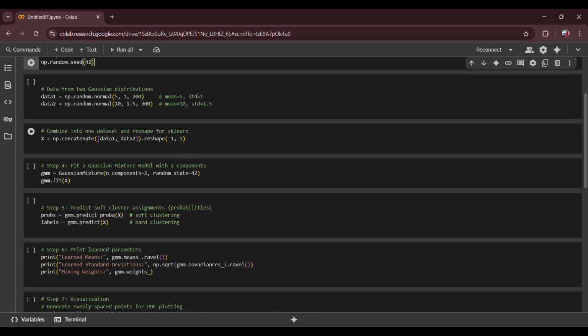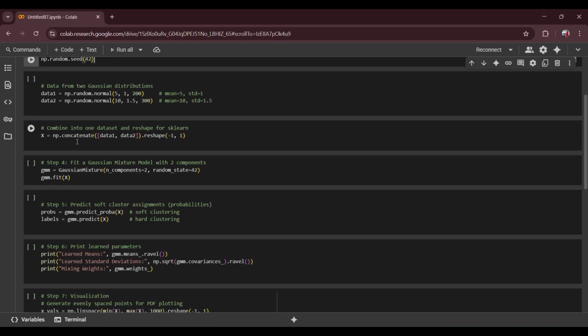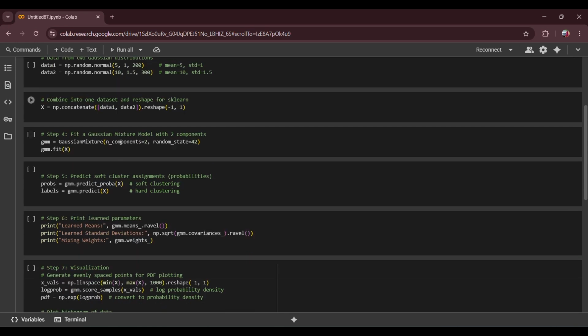Now this line: here we have combined the data sets and reshaped them. I combined both data 1 and data 2 into a single array X, and reshaped it into a column vector because sklearn expects 2D input. Even if we only have one feature, we have made it like this.